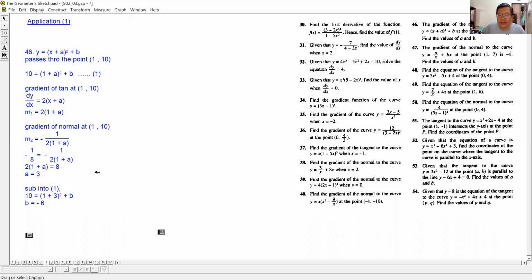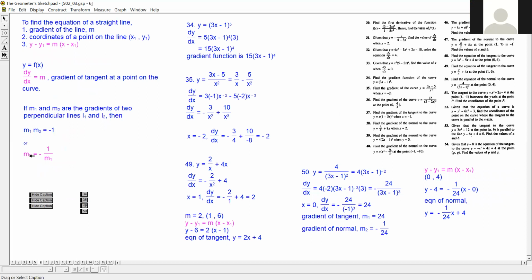Understand that? Yes, teacher. Teacher, for the gradient of the normal at 1 and 10, you write m2 equal to negative 1 over 2, and so on. It's because the gradient of tangent is not equal to the gradient of normal. Gradient of normal is negative 1 over gradient of tangent.